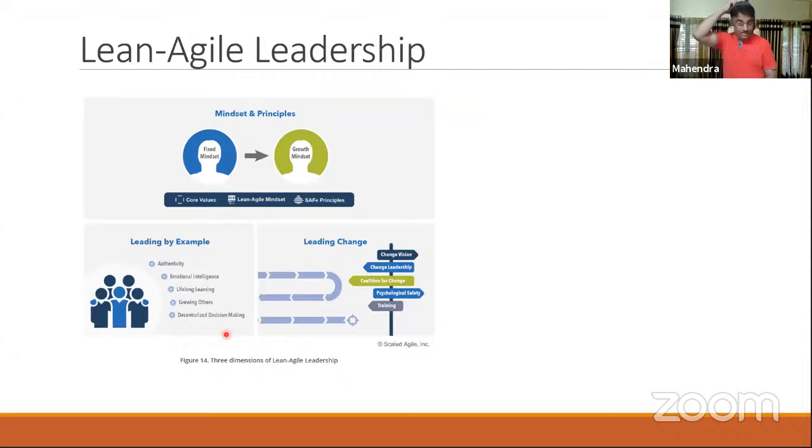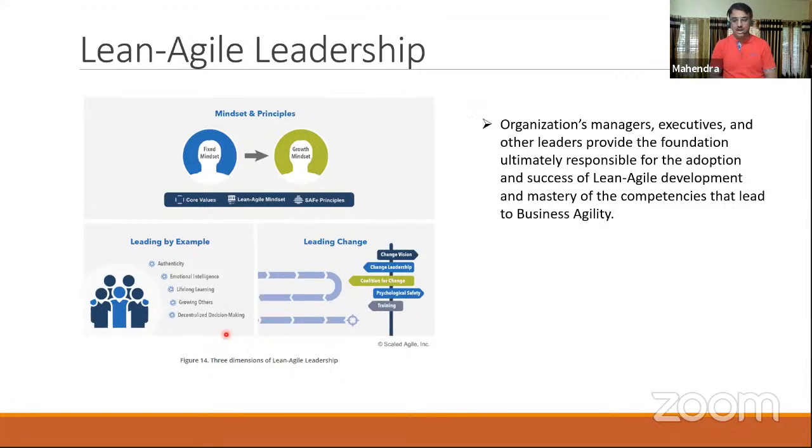This is probably a teaser for the question that you asked, Sachin. The leaders in an organization are paramount. It is only the managers and the executives who provide the foundation for lean and agile development.